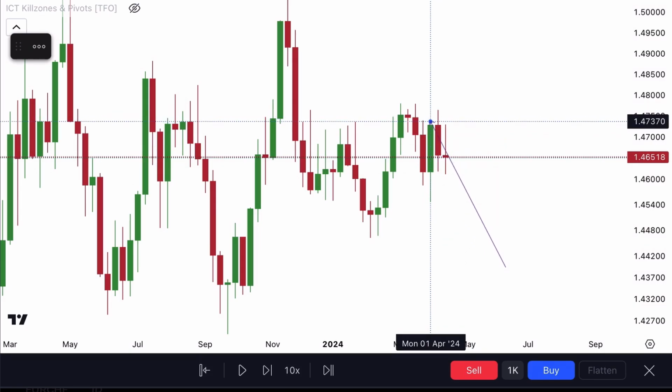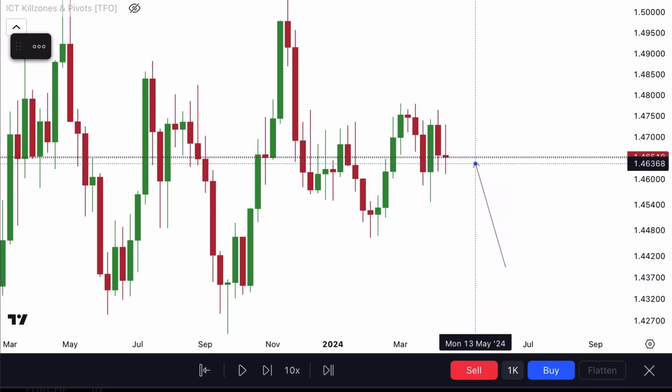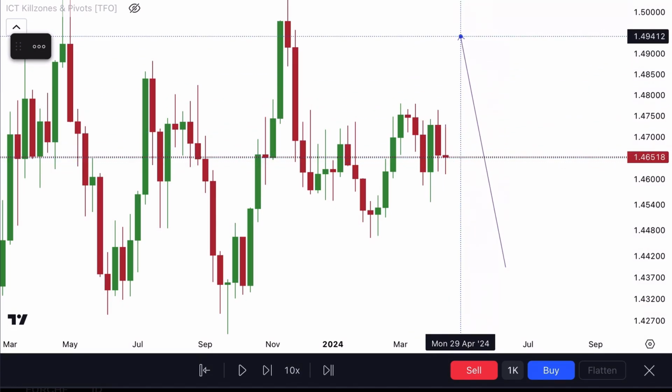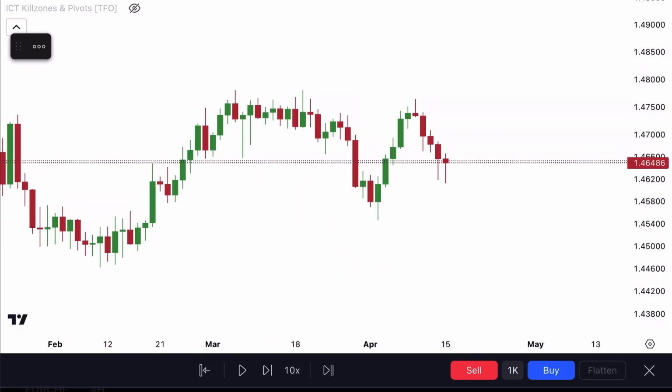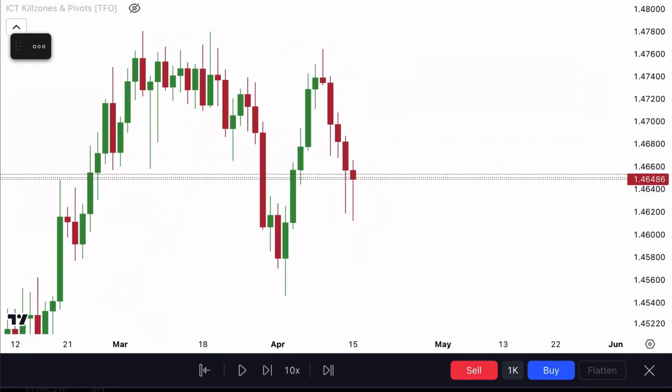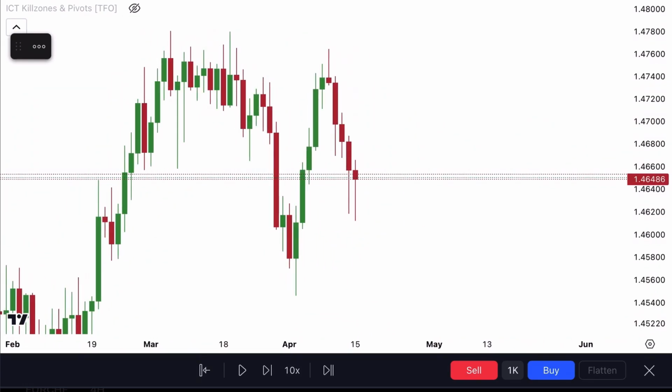So that gave me some confidence that price is likely going to go higher and continue its upward trend. So then we go back to the daily. On the daily, we draw our Fibonacci in the opposite direction to measure the new impulse. So let's put the Fibonacci on it.